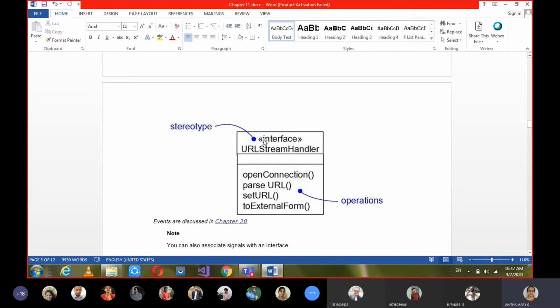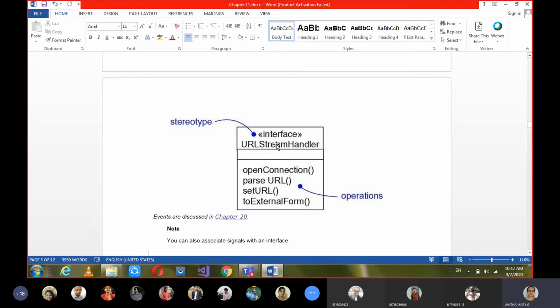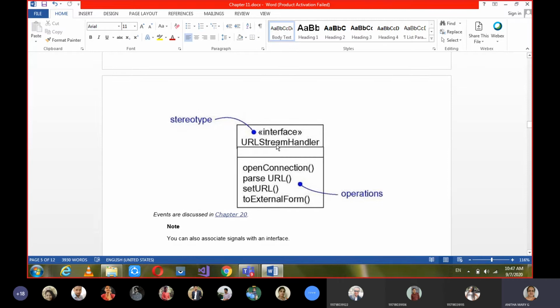When you show the interface in an expanded form, you should give the stereotype as interface, give the interface name and all the methods. See here for this example: open connection, path, URL, set URL, to external form. These are all the operations or services given by this interface. That's how we show the operations for an interface.